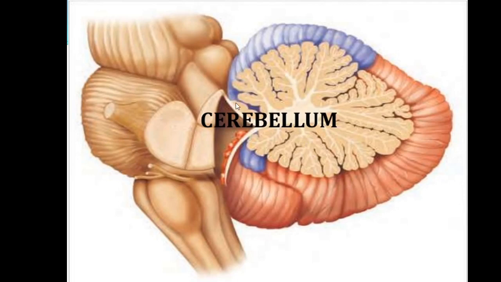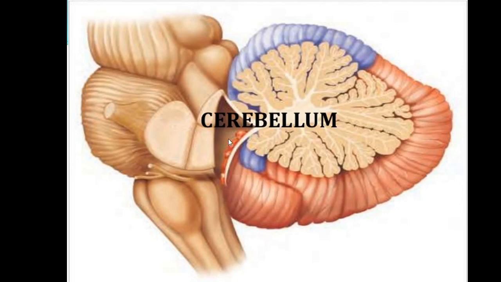Here in this diagram, you can see the cerebellum having two lobes, right and left, connected by the vermis. Each cerebellar hemisphere has a superior surface and an inferior surface.